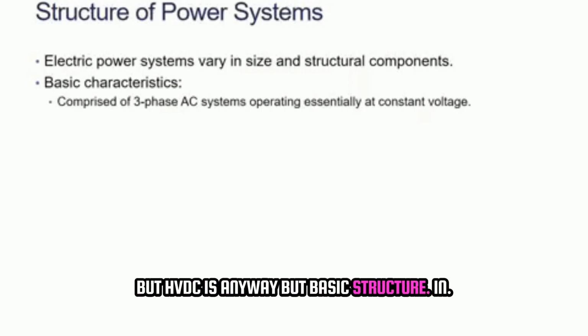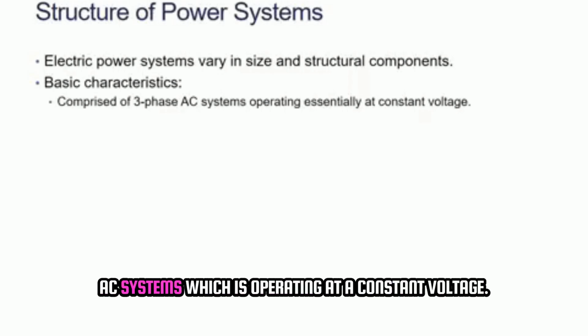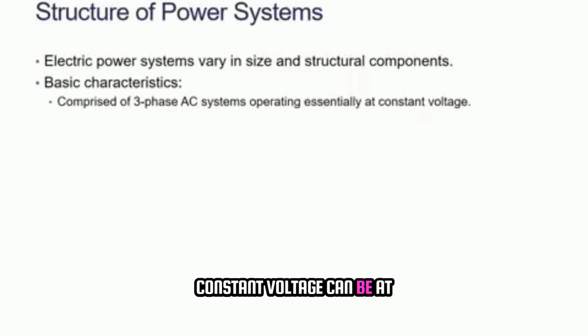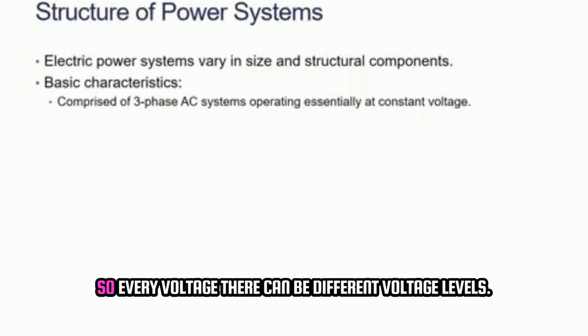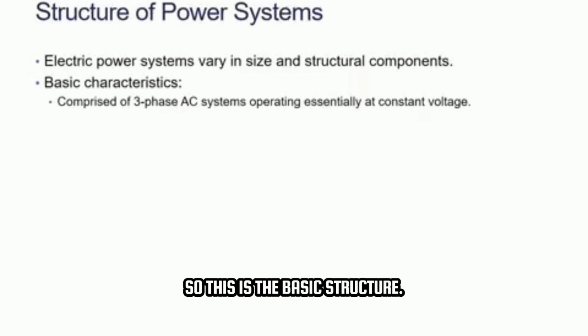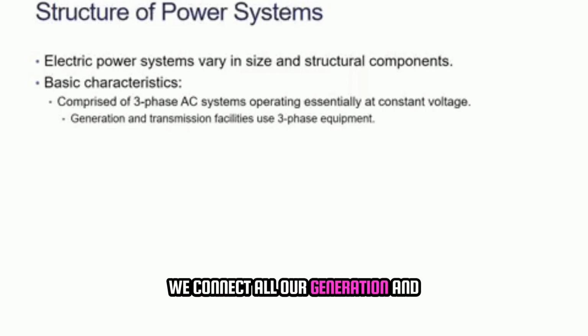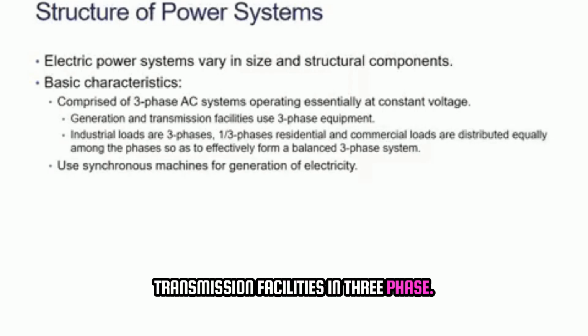But the basic structure, in a broad sense, is always a three-phase AC system operating at a constant voltage. Because we have transformers, there can be different voltage levels, but at each voltage level the voltage has to be constant at a particular value, and obviously there will be a frequency as well. Here we connect all our generation and transmission facilities in three phase.